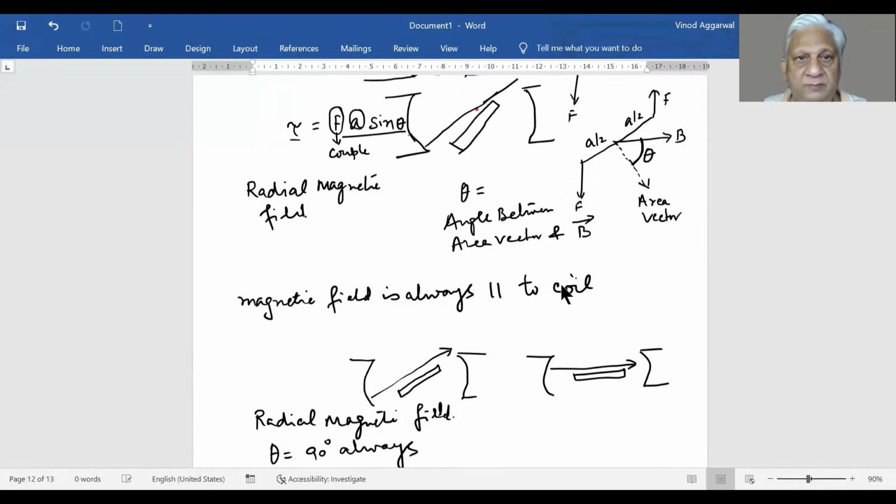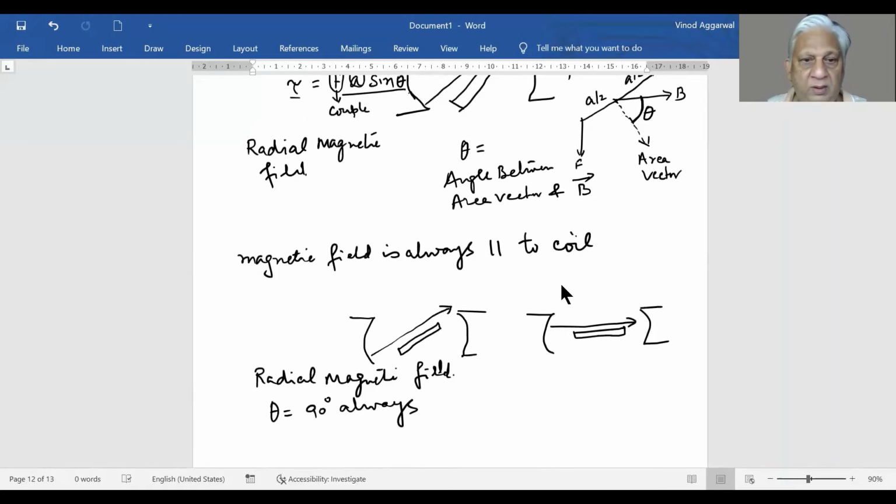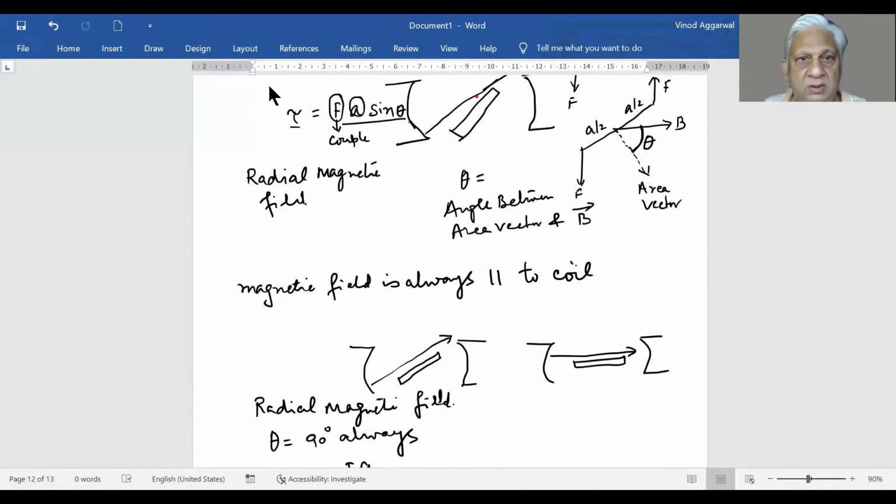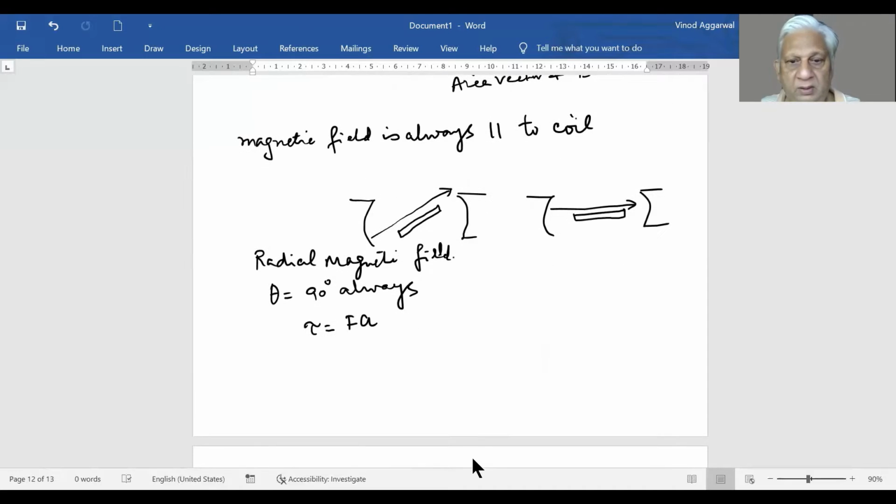which means that our tau is F times only this much, because sin 90 is 1. If you substitute the value of F, it is I B L A, where L is the length of the coil. This is the width of the coil.